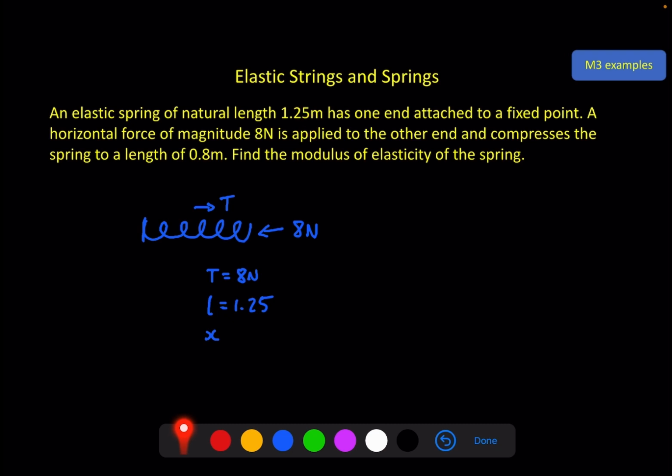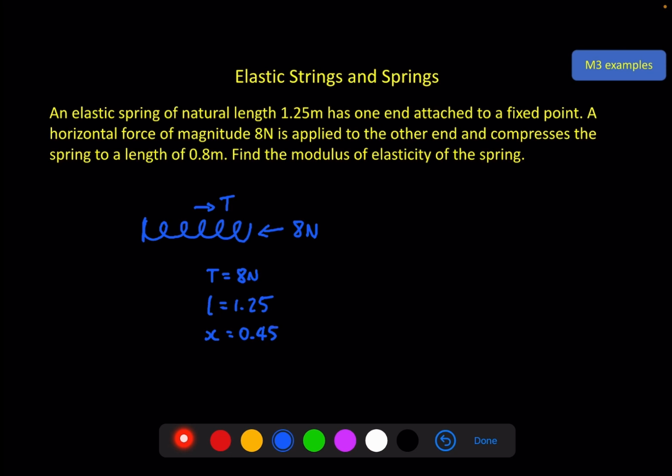So how far is it being compressed? And you might hear me use the word extension or extended by mistake in a compression question. It doesn't really matter. What we just want is the absolute value, the distance between the natural length and the final length we're at, whether that's an extension or a compression. So here we've got 0.45. So x is equal to 0.45.